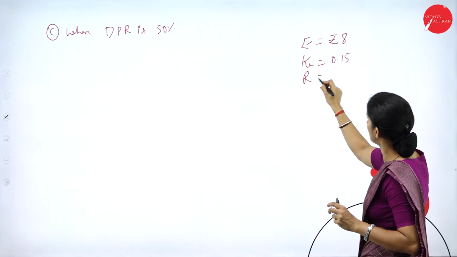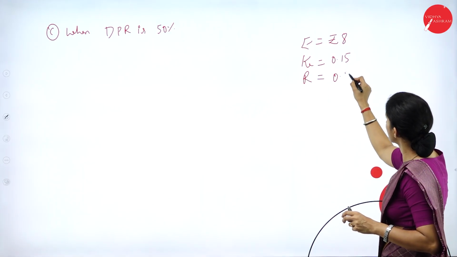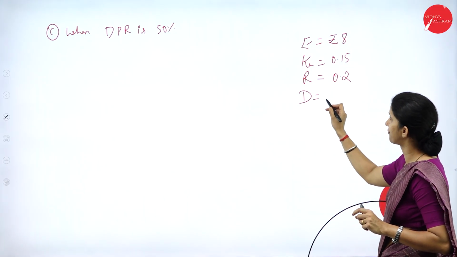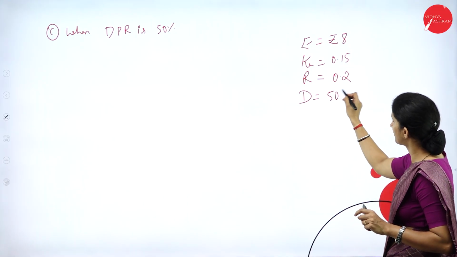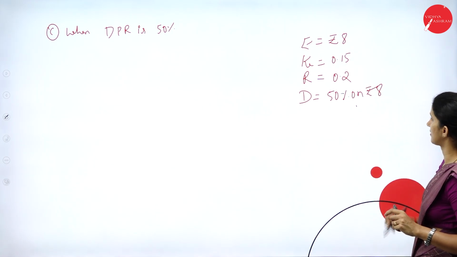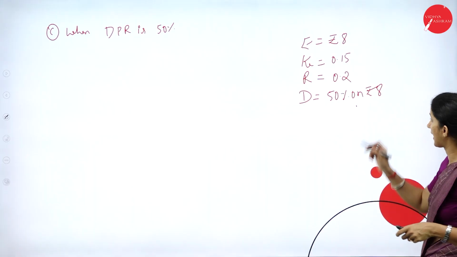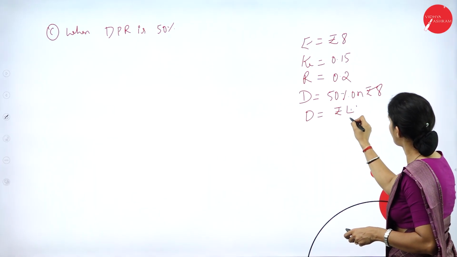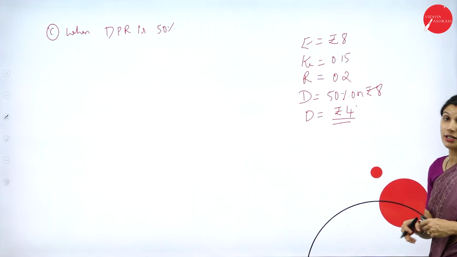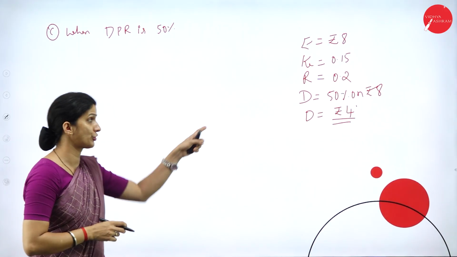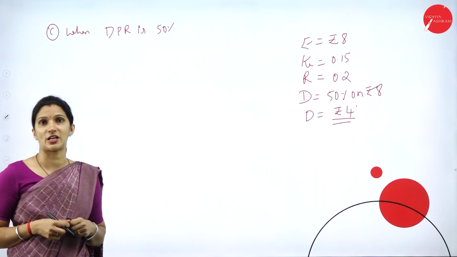Then R, that is 0.2, 20%, is same, but D will differ. So D is 50% on rupees 8, that is EPS rupees 8. So that means your D is rupees 4. So we are applying 50% dividend on EPS, that is 8. So your dividend amount we are getting per share is 4.